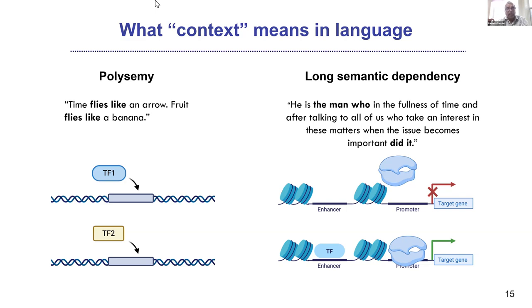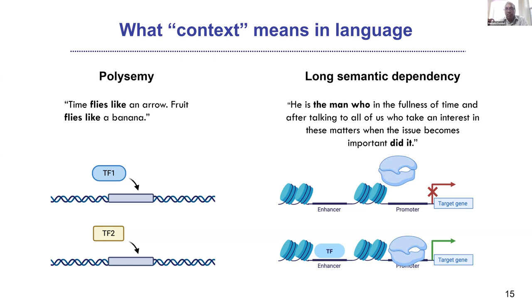Similarly, in the DNA sequence, there could be a binding site that is present in one promoter, and the same binding site may be present in another promoter. They may perform different functions depending on which other words or which other binding sites are present. Similarly, the meaning of a combination of words may depend a lot on the downstream words.